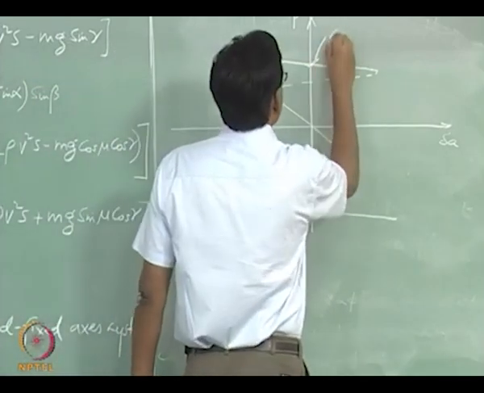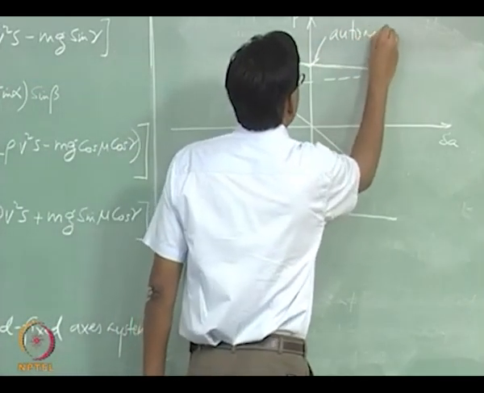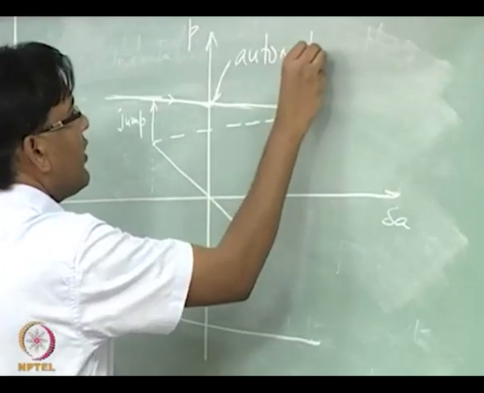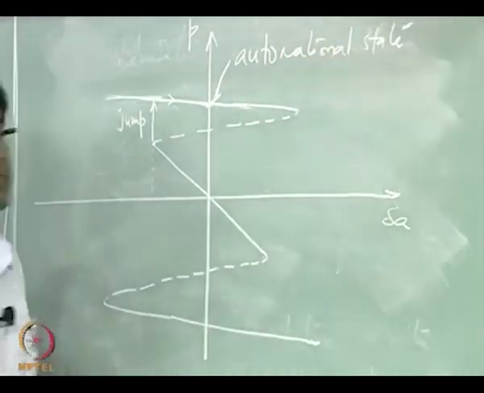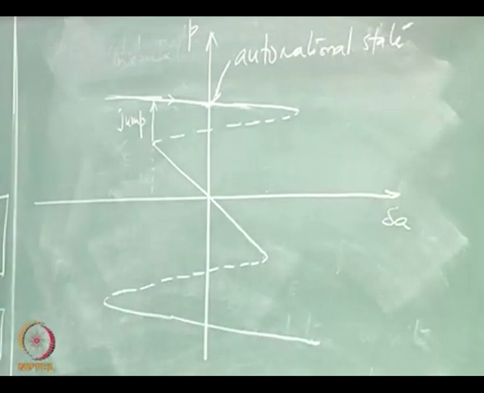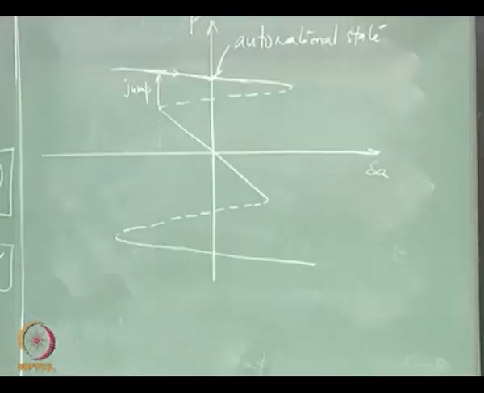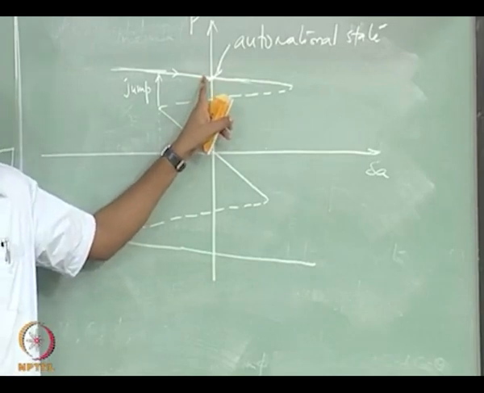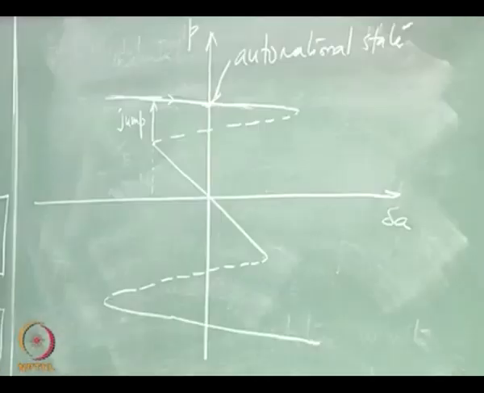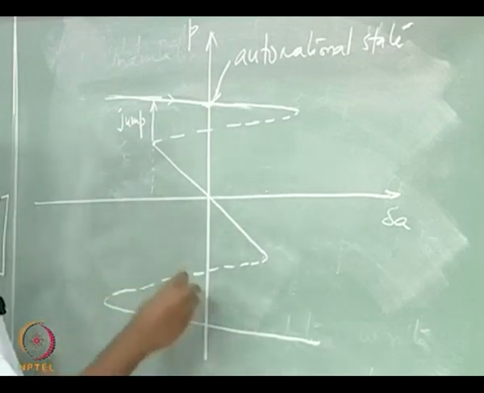And this is called auto-rotational state, right? I have brought my aileron back to the neutral level, but still I am having a positive roll rate, and that's like auto-rotation because that's unintended, right? So automatically the aircraft is rotating even without applying any control which can give you rotation.